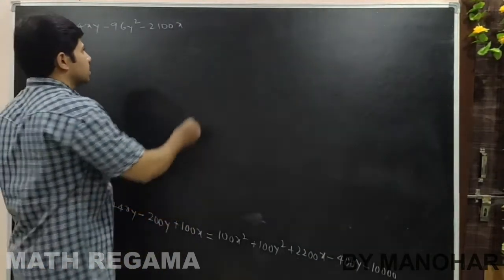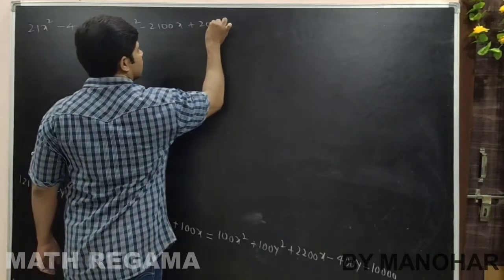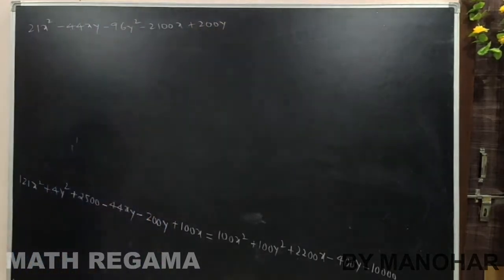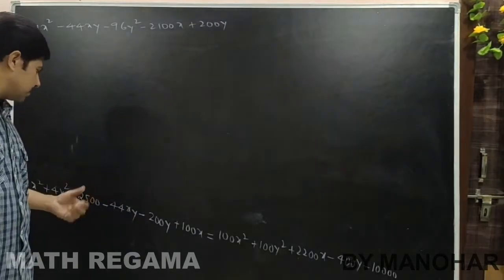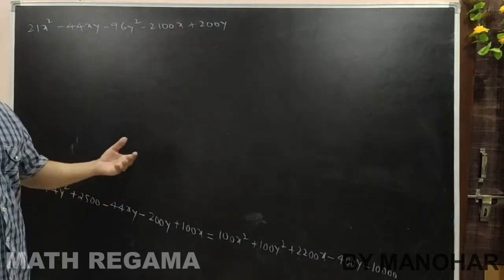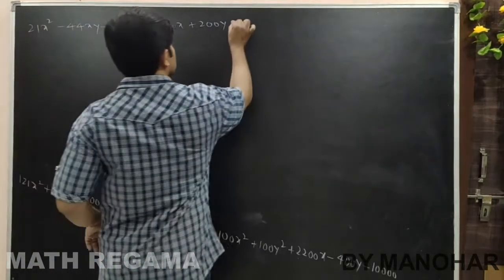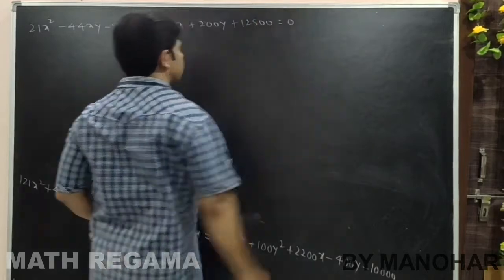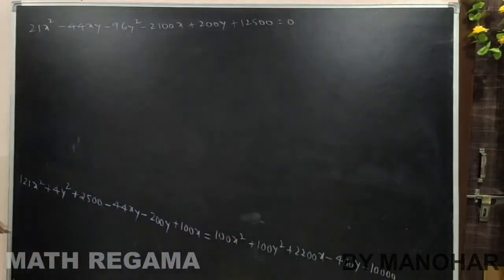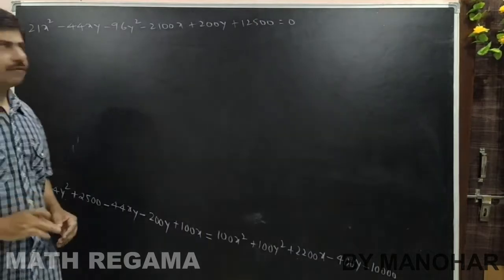So that is plus 200y. Then after that, the constants. 2500, the 10,000 we transpose to the other side will become plus 10,000. 2500 plus 10,000 is 12,500 is equal to 0. See, we got the pair of tangents.